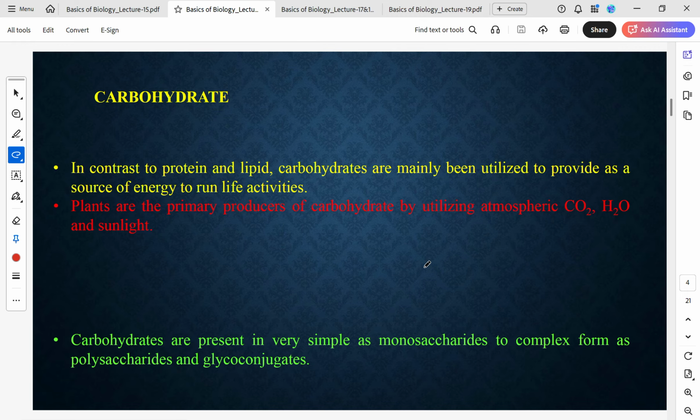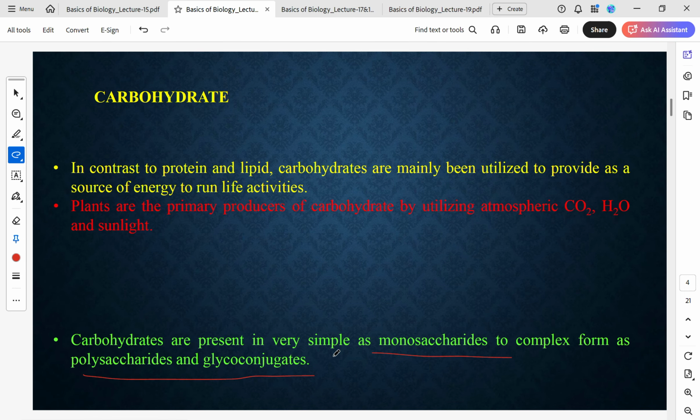The carbohydrates can be present in monosaccharides, which are very simple carbohydrates, to complex forms such as polysaccharides or glycoconjugates. Glycoconjugates are essentially carbohydrates attached to either proteins or lipids, so they are conjugated to all of these.